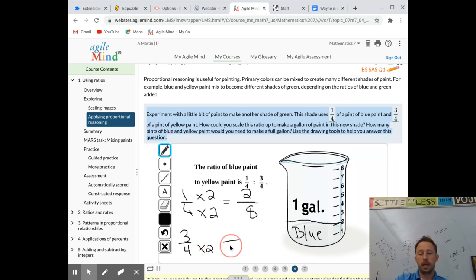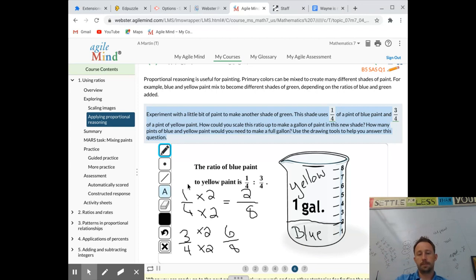So when we do that, just like Tamarian said, we're going to get 6/8. And so that means that we got 6 parts of yellow and we have how many parts of blue? Think about how I said it again. We got 6 parts of yellow. So how many parts of blue? 2 parts of blue.